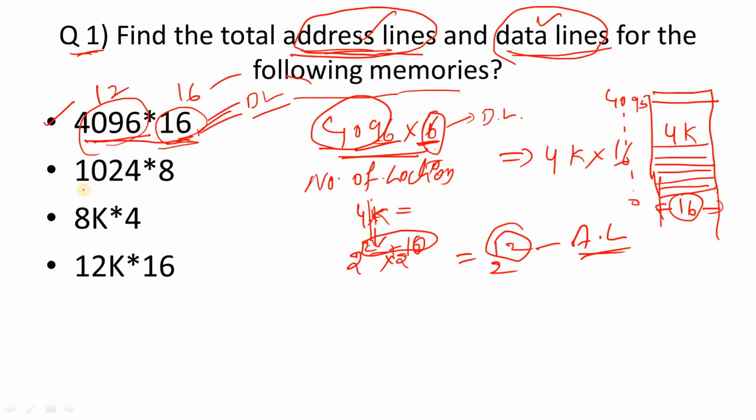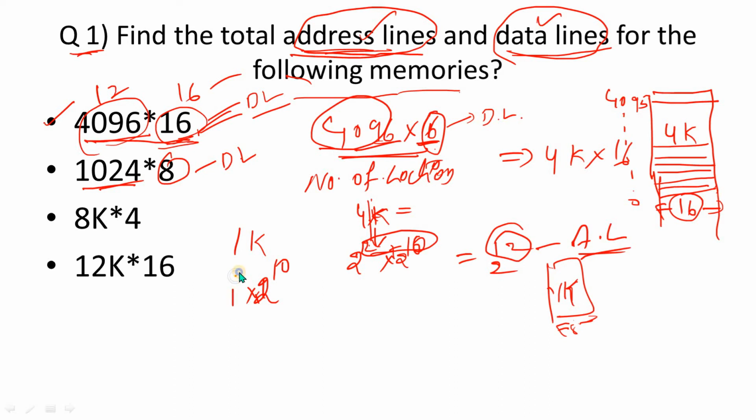Coming to the second case, 1024 into 8. In this case, 8 is the data lines, the word size. 1024 means 1k, where k means 2 power 10, and 1 is 2 power 0.